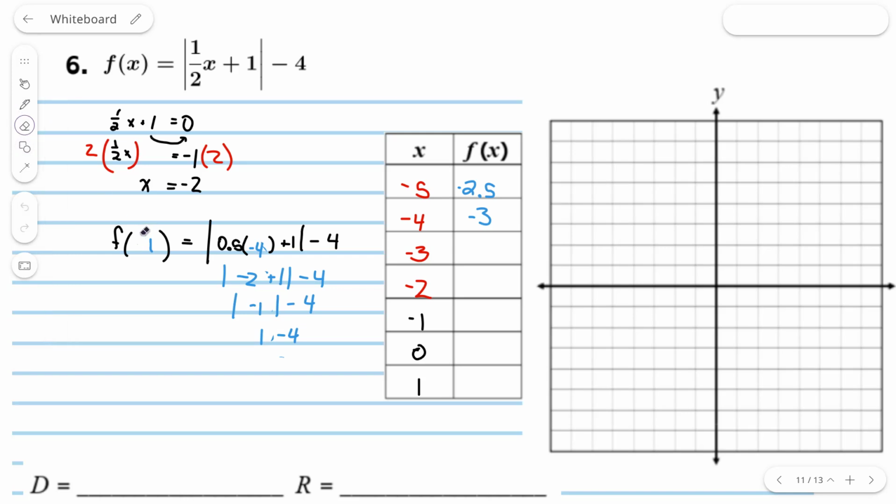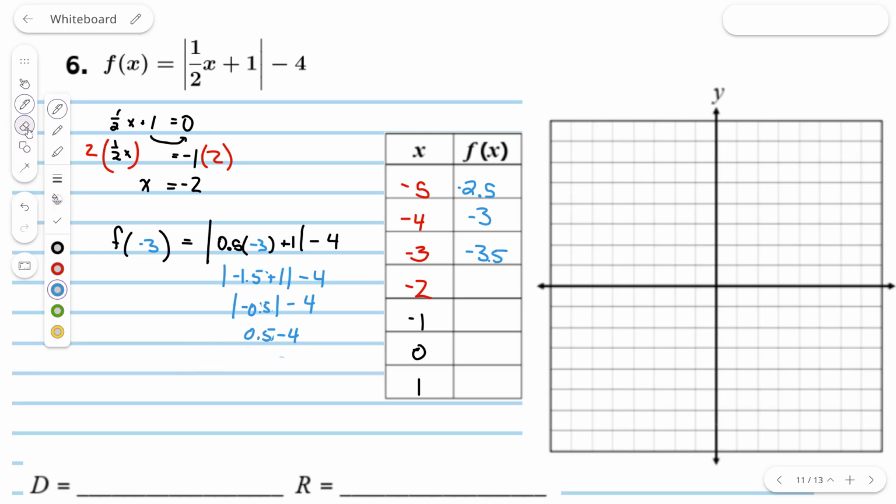Go into my next one. We have a -3 that we're going to take half of, which is going to give us a -1.5, which gives us a -0.5. And so that's going to give us a -3.5.